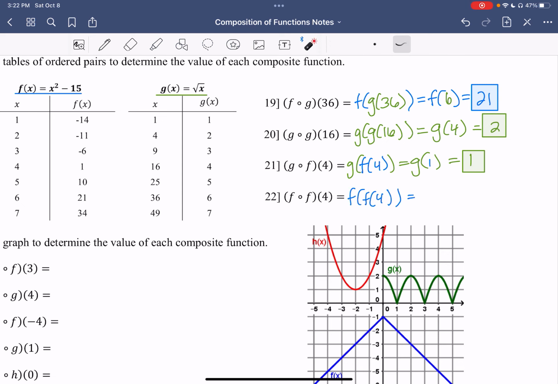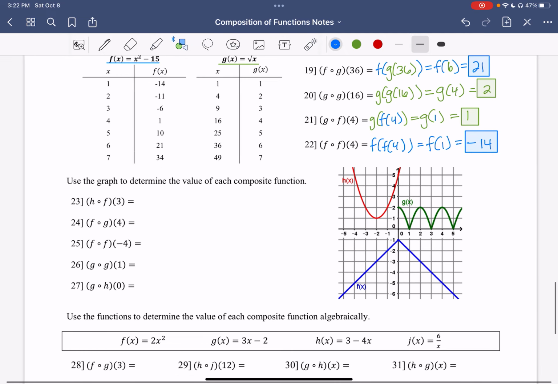You go to where x equals 4, you get a positive 1. And then stay on the f table and go to where x is 1. When x is 1, y is negative 14.